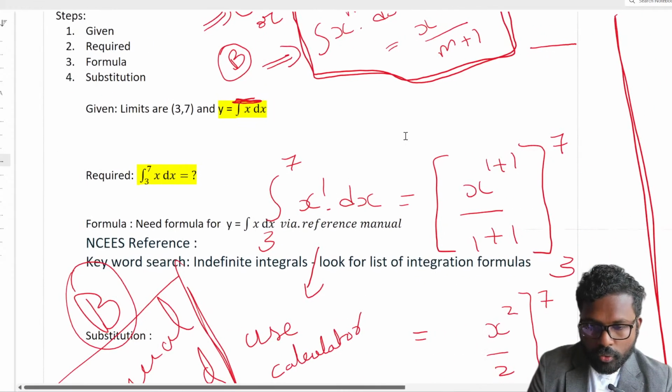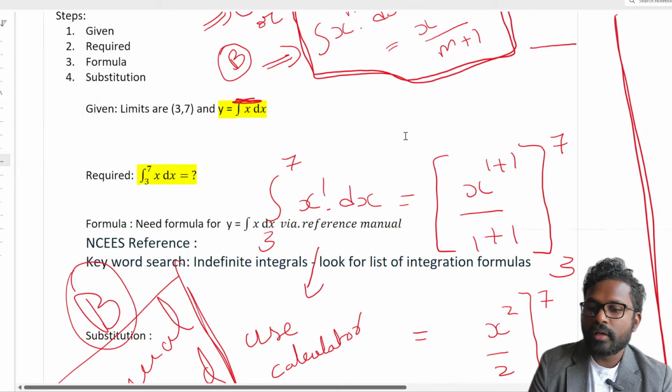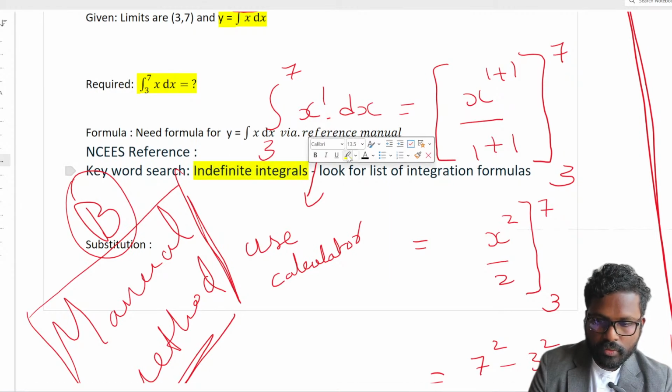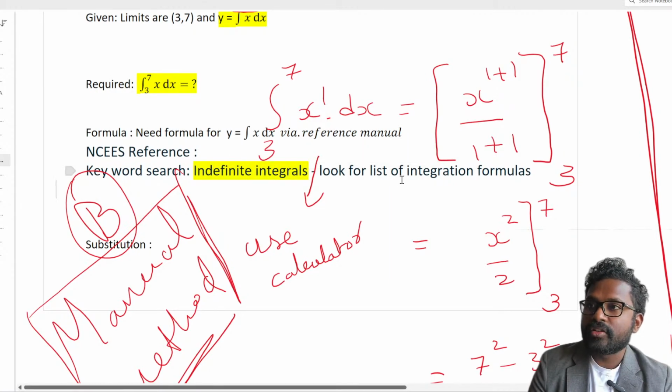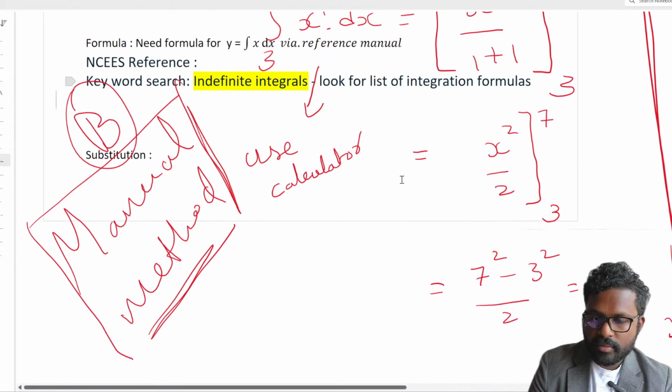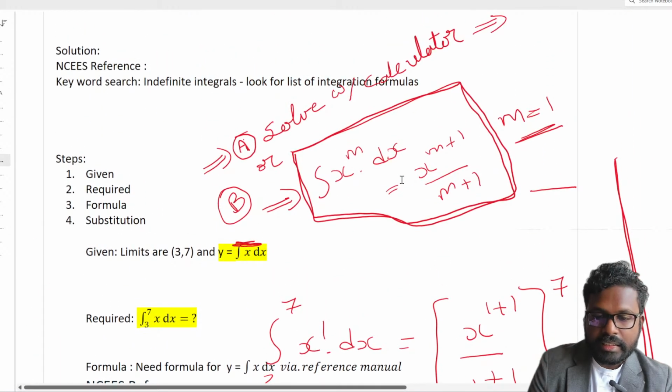For those of you who don't know how to solve this, just go to your reference manual and search for the keyword indefinite integrals and look for the integration formulas. It will be on page number 35 for your reference. Go to page number 35 and this is the formula you will find.